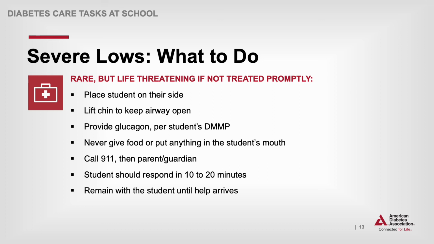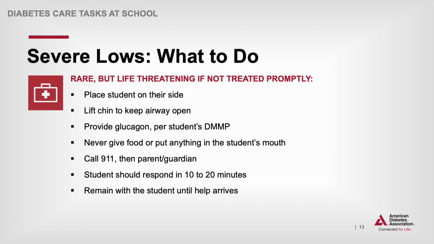Remember, the steps for intervening with a specific student will always be outlined in his or her DMMP. This slide describes the general steps in intervention. Severe hypoglycemia is rare, but life-threatening if not treated promptly.